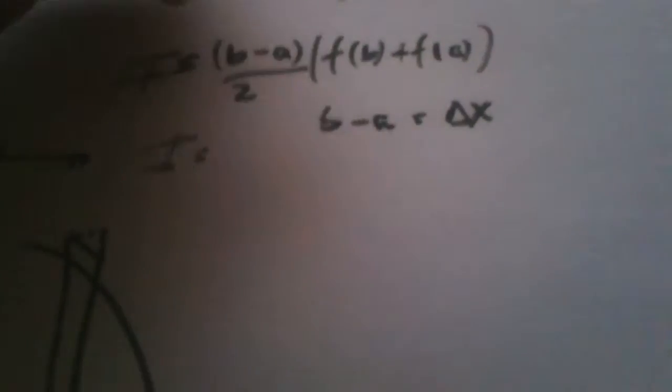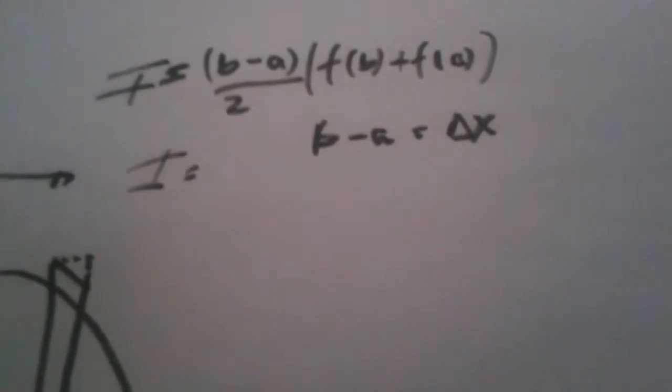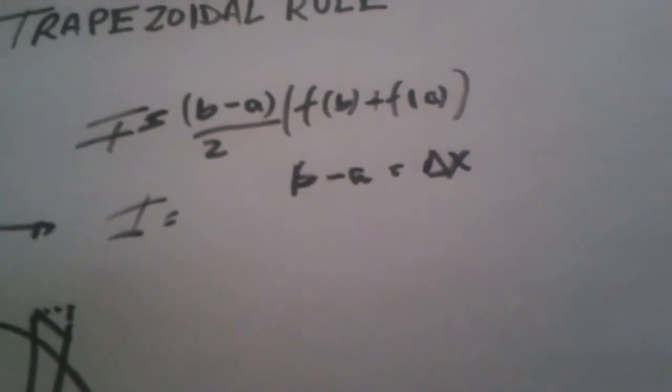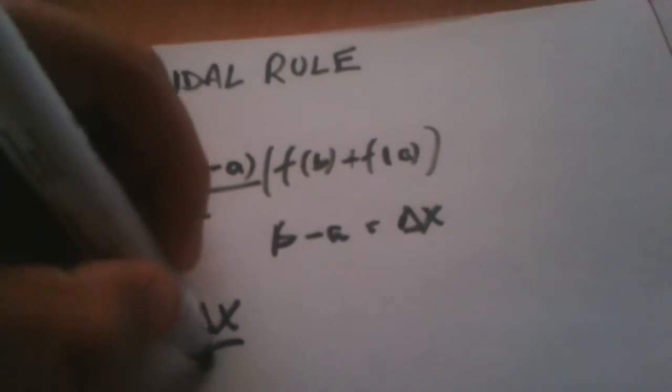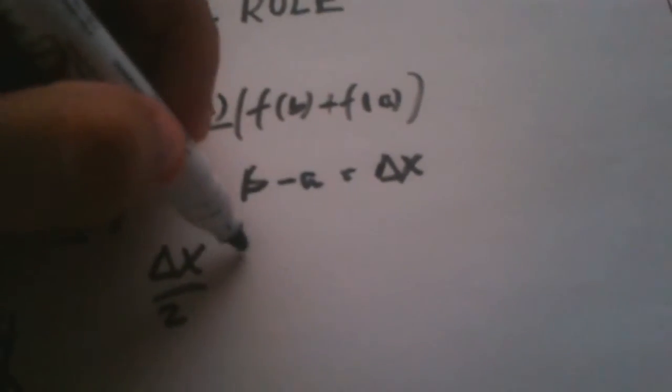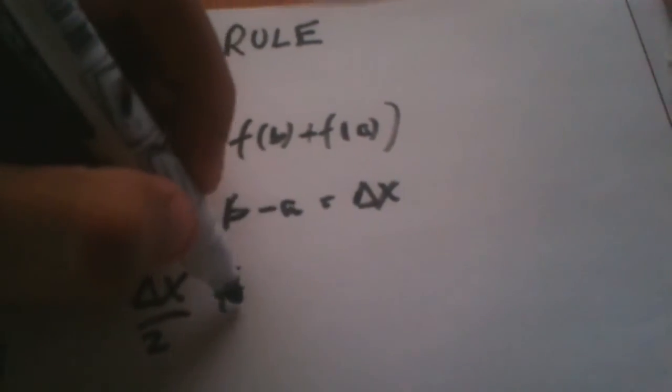Remember, b minus a divided by n is equal to delta x, and this will be the following way. Assume we're starting from 0.